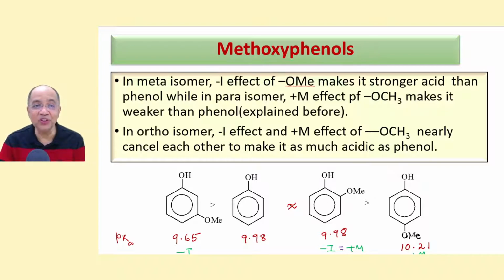In the ortho isomer, let me read out, the minus I effect and plus M effect of OCH3 nearly cancel each other to make it as much acidic as phenol.